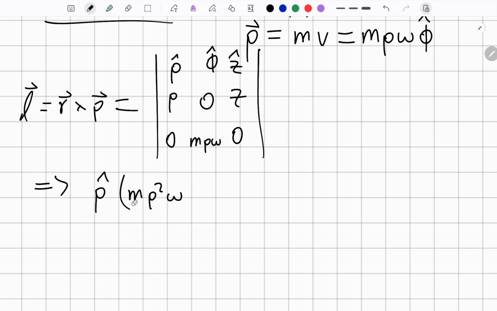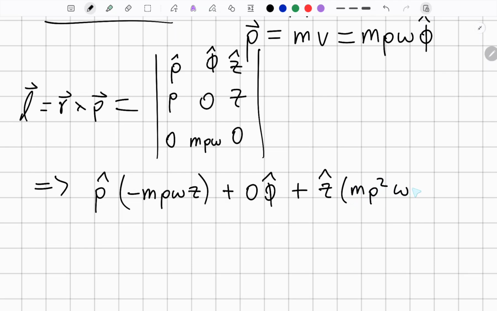We are actually going to get negative m rho omega z for this polar unit vector. We're going to end up with 0 for the phi, plus 0 phi, and that's where we're going to have our rho squared omega.